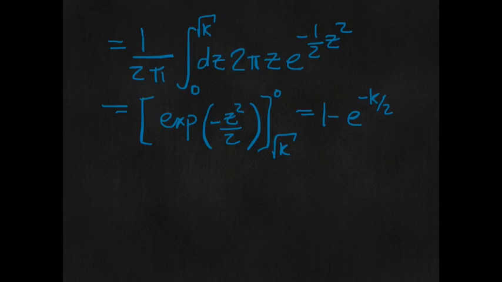So remember that this represented the probability enclosed by the circle of radius root k. So marching down from our maximum likelihood point, we need to get down to a radius of root k before we encompass a probability p.